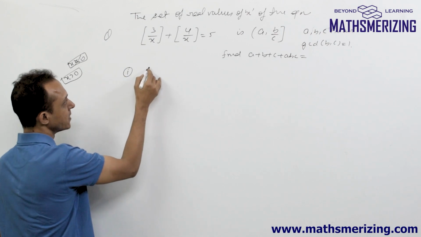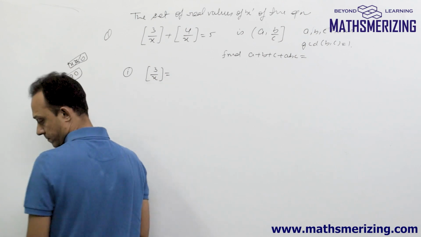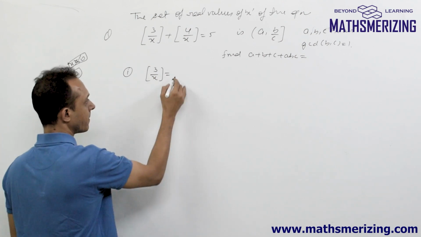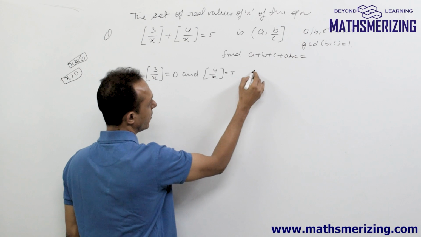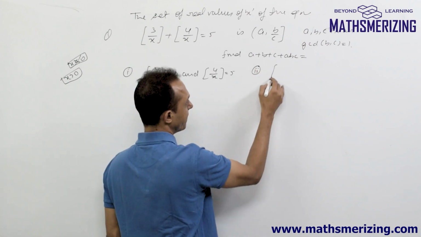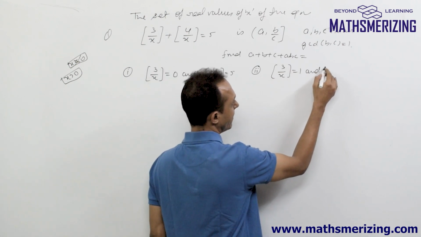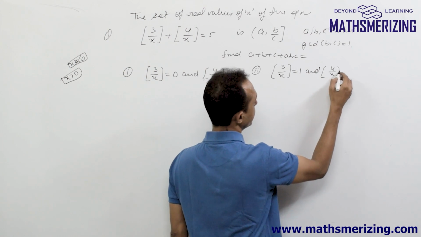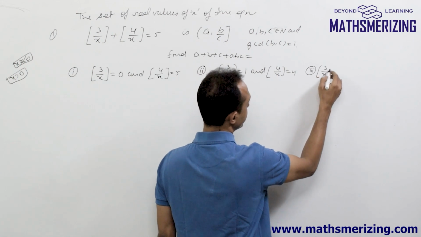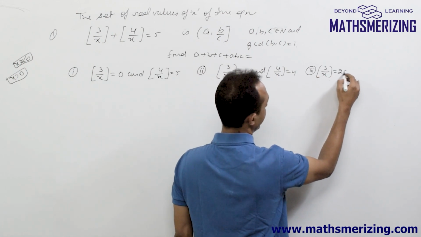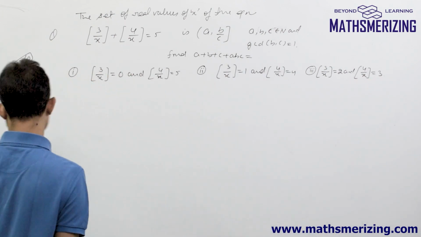The first condition can be, suppose when the value of 3 by x is 0 and at the same time the value of 4 upon x is 5, or it could be when the value of 3 upon x is 1 and the value of 4 upon x is 4, and the third condition can be when the value of 3 upon x is 2 and the value of 4 upon x is simply 3. So these are the three possible conditions.